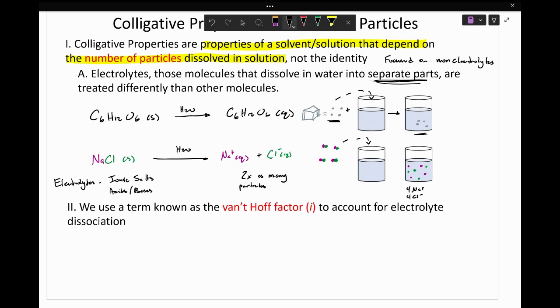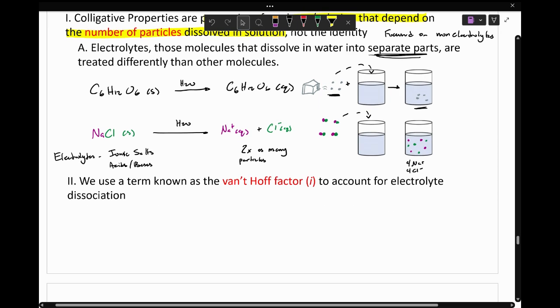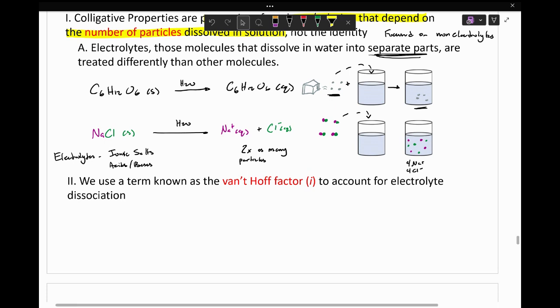So things that when they dissolve in solution, produce more than one particle. The term we use to account for this additional particle formation is known as the Van't Hoff factor. And it accounts for any and all electrolyte dissolution, whether we're talking about strong electrolytes or weak electrolytes.